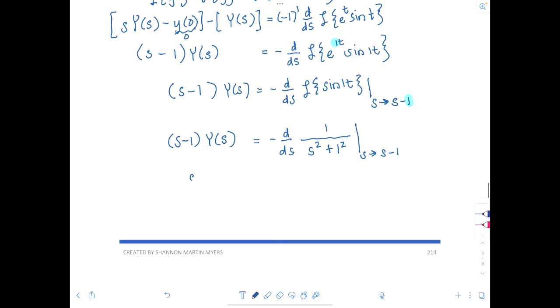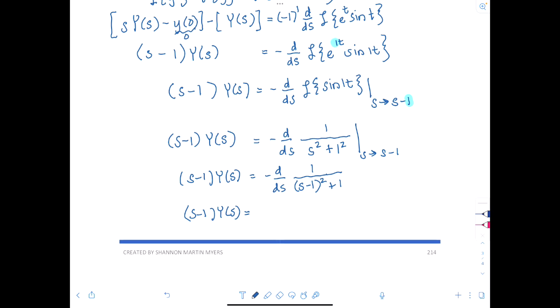So then we will have negative d/ds of, wherever I see an s, I'm plugging in s minus 1. So we'll get s minus 1, the quantity squared, plus 1. Cool so far? All right. Differentiating, this is like the whole denominator raised to the negative 1, right?